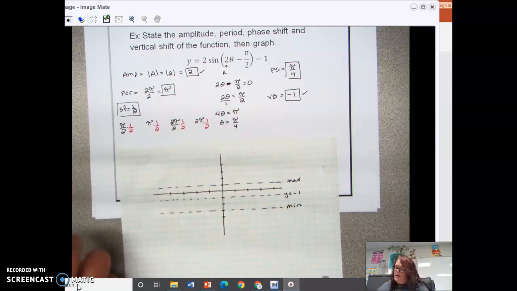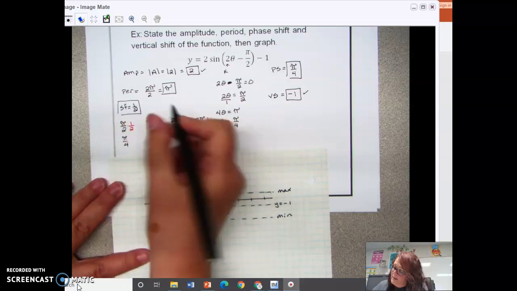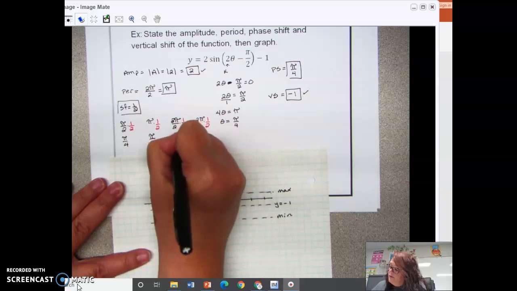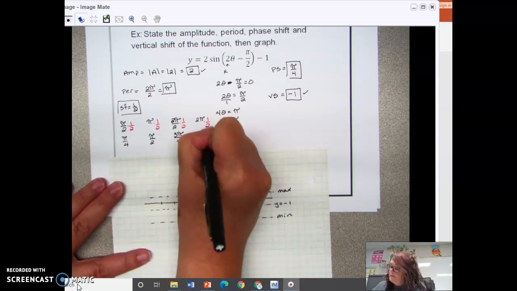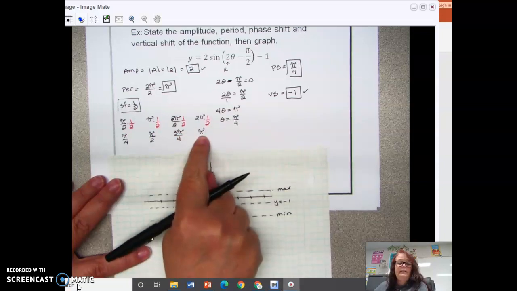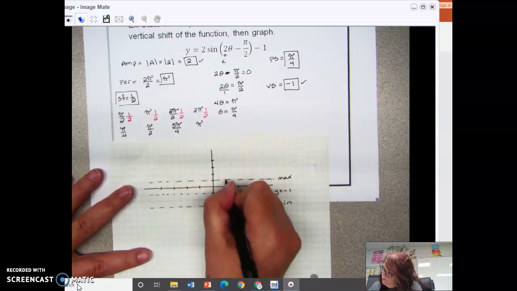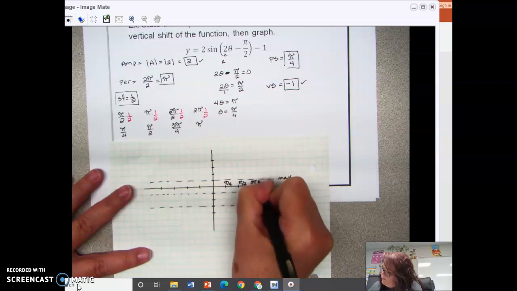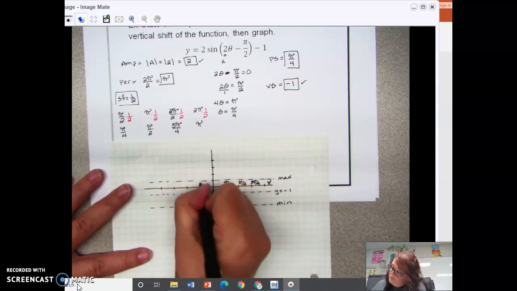And so when I do that, I get pi over 4, I get pi over 2, I get 3 pi over 4, and I get pi. So like we said, our period is going to be pi. So coming over here, this is pi over 4, this is pi over 2, this is 3 pi over 4, and this is pi. And then I could do the same thing over here.